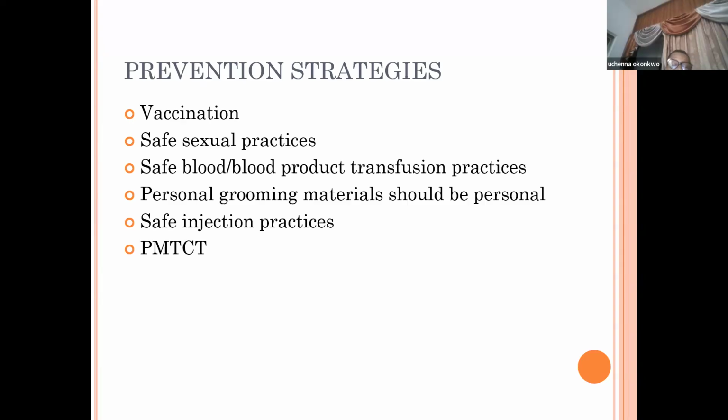Like I mentioned earlier, the prevalence of occult hepatitis B infection in Nigeria is quite significant. And for most of our blood bank services, it's only the surface antigen that is screened, not the core antibody. And so there is still a slight risk that we may be transmitting this virus inadvertently to persons, especially children who receive blood transfusion.